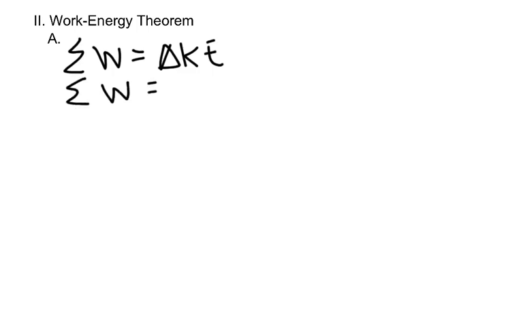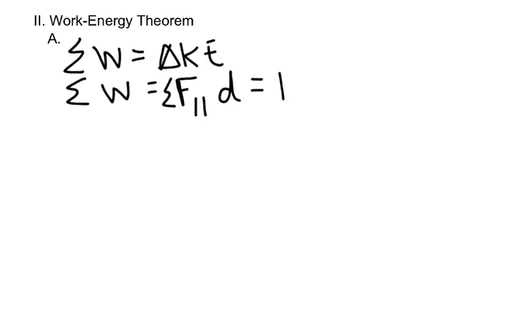Okay, now let's talk about the work-energy theorem. The work-energy theorem is that the net work acting on an object is equal to that object's change in kinetic energy. As you recall, net work on an object is equal to the net force acting on that object multiplied by the parallel displacement.